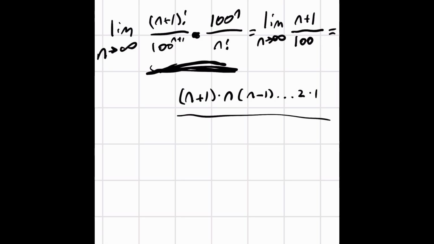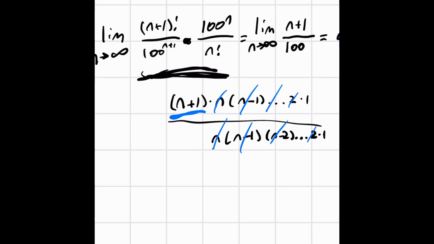And if you divide that by n times n minus 1 times n minus 2, dot, dot, dot, all the way down, then the n's cancel, the n minus 1's cancel, the n minus 2's cancel, and everything in between will cancel. So you're just left with n plus 1 in the numerator.